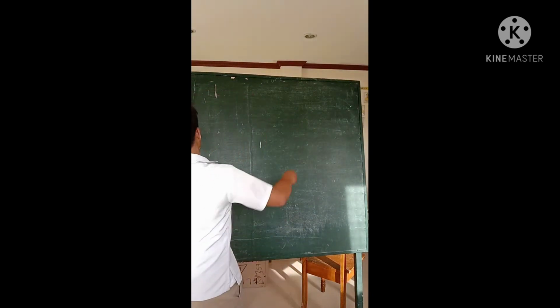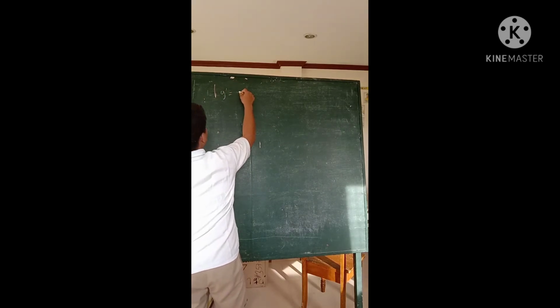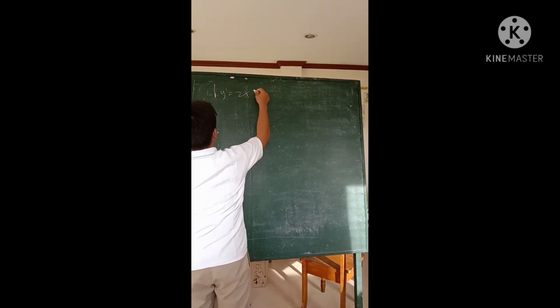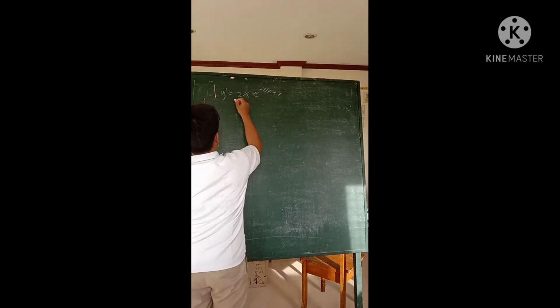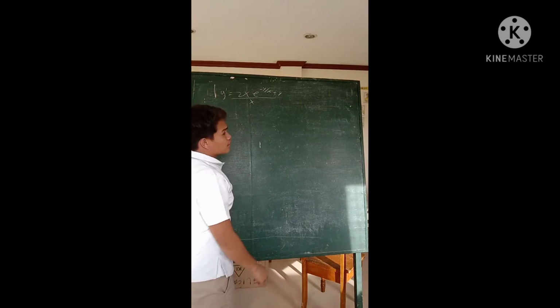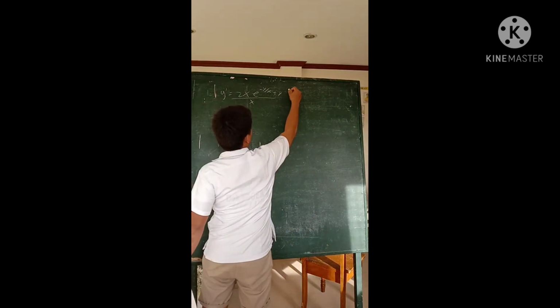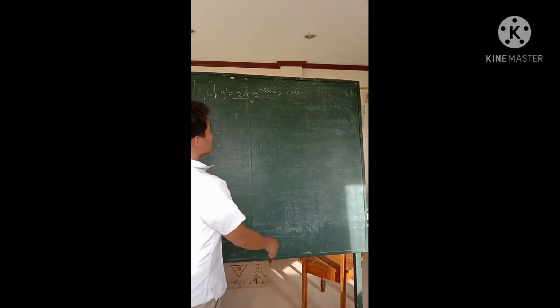So problem number 3: y prime equals 2x e to the negative y over x plus y over x, and the given point is (1, 0).